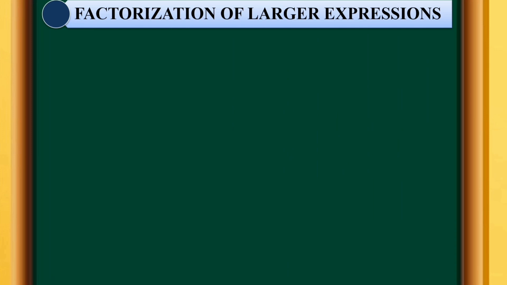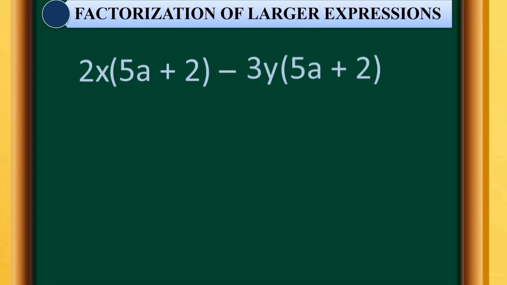Alright, here is an example. Factorize 2x times (5a plus 2) minus 3y times (5a plus 2). You will immediately notice something between the first term and the second term. What do you notice? The terms inside the brackets are the same. 5a plus 2 and 5a plus 2 are the same.